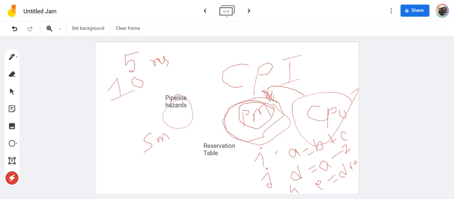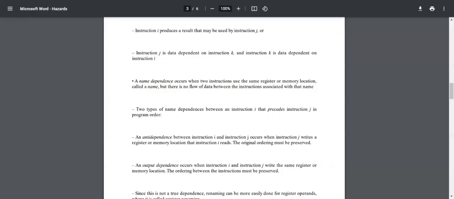On the other hand, name dependencies occur when two instructions use the same register or memory location called a name. Now, I believe this name dependency is something which you already know from other different subjects.